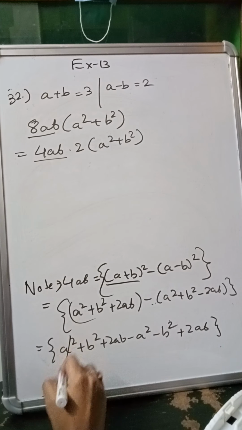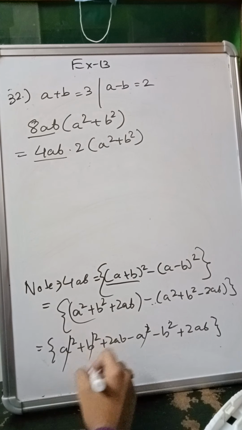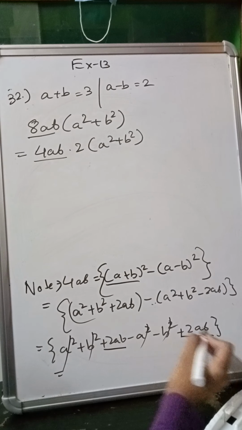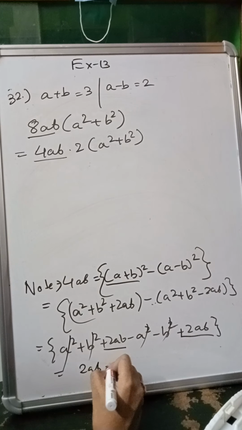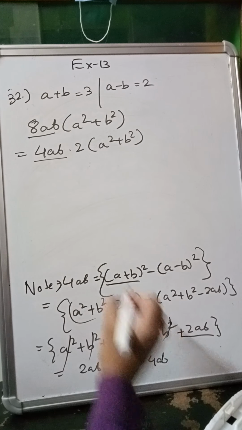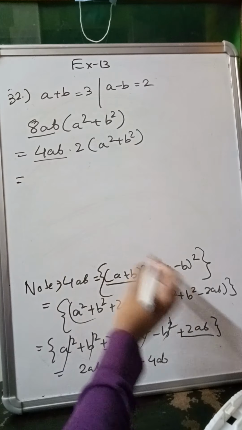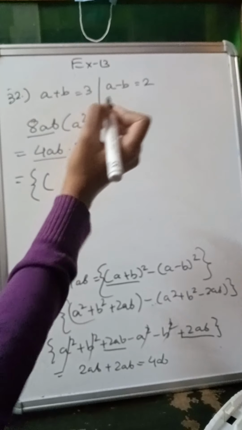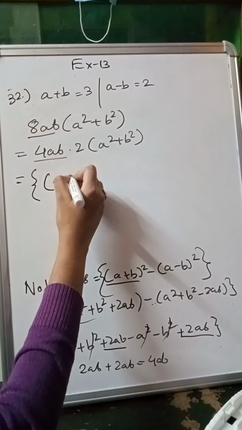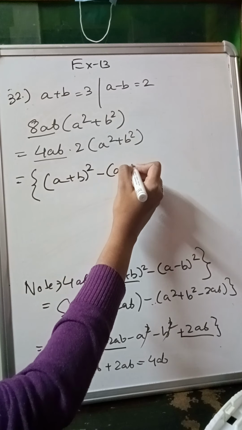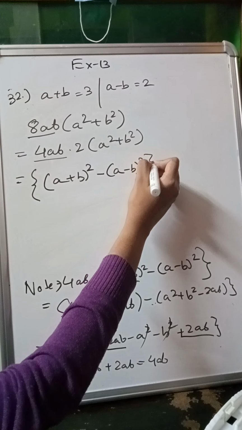Okay, so this a square and a square will cancel out, this b square and b square will cancel out, so we will be left with 2ab plus 2ab. So we can write it as 4ab. So instead of writing 4ab, can I write this thing? Okay, we can write this. I show you why I can write this. So a plus b whole square minus a minus b whole square.